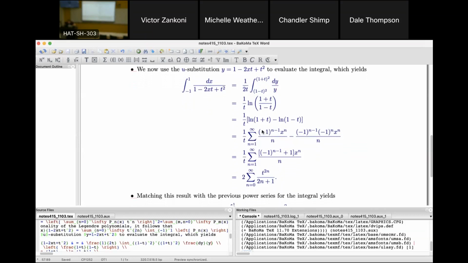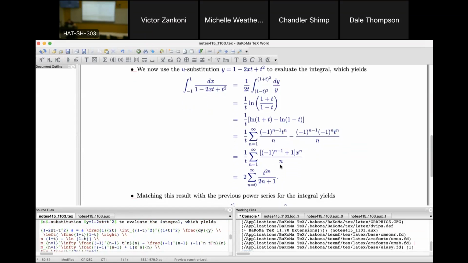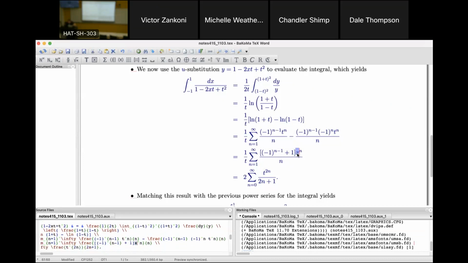Yeah, something is off. That should be t. Okay. I think this wasn't caught 9 years ago. All right. Let me check on the rest of this.